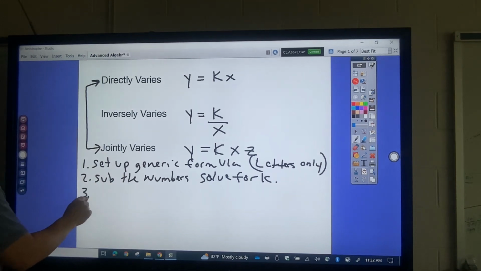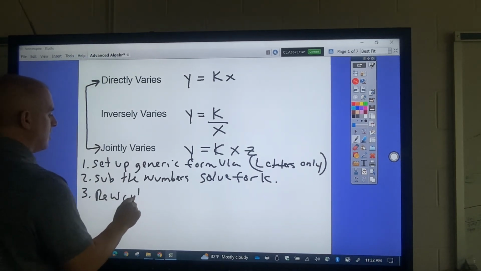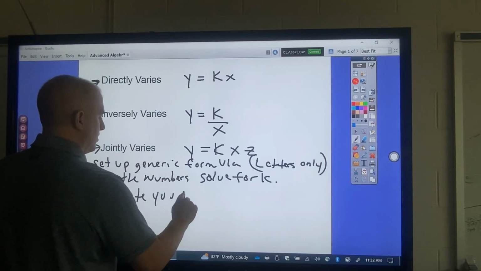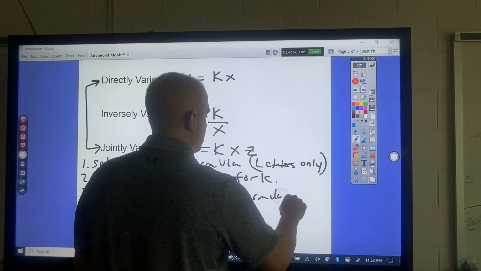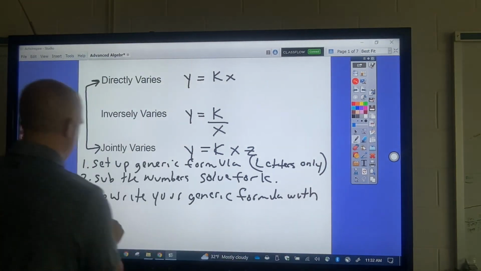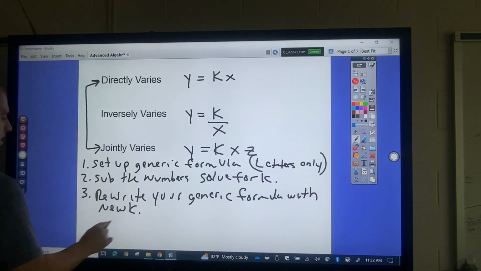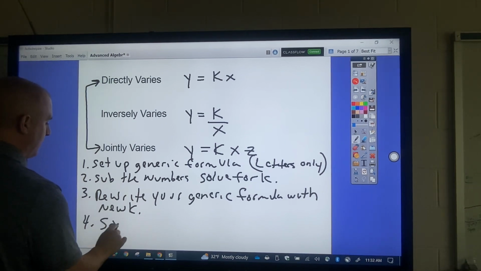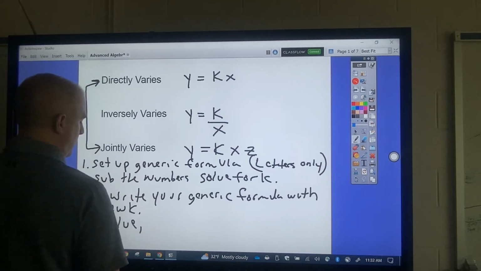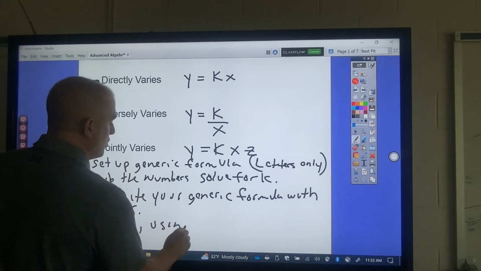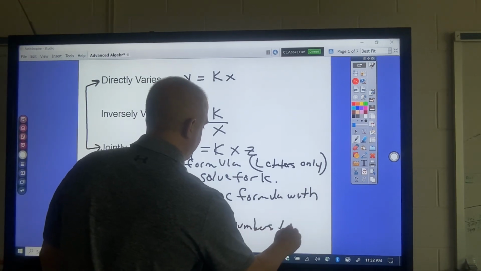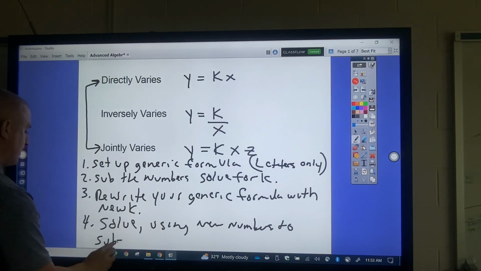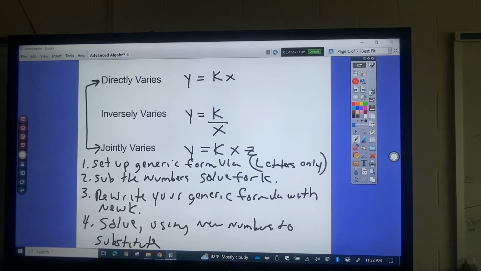Then rewrite your generic formula with the new k. And the last step is to solve the problem using new numbers to substitute. Okay, so that's the process. You go ahead and write that down.